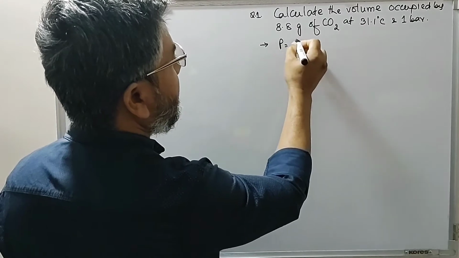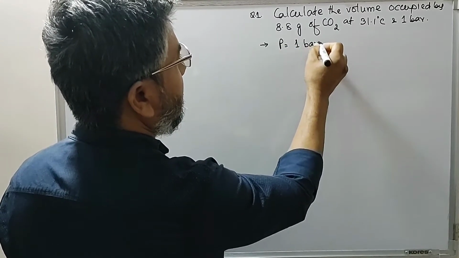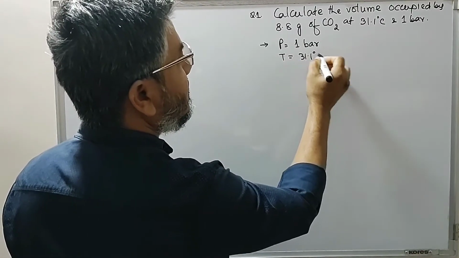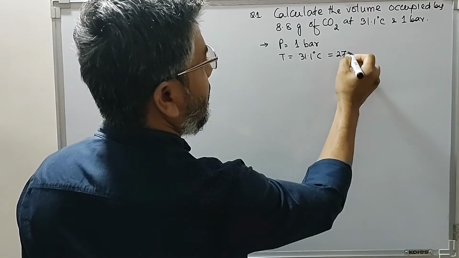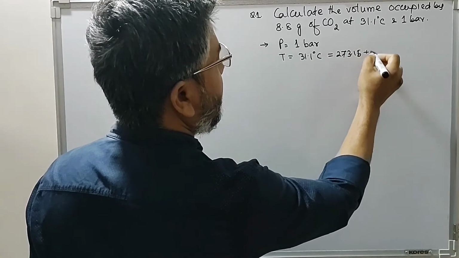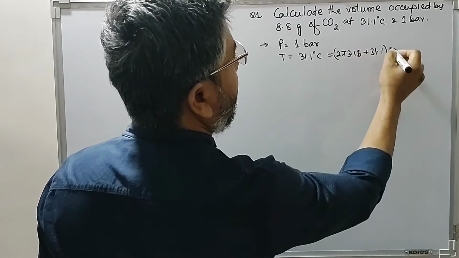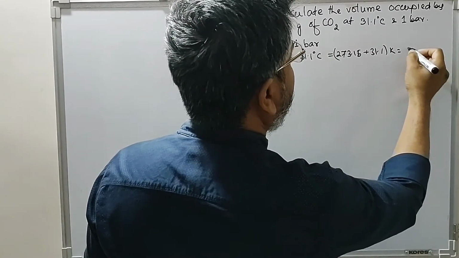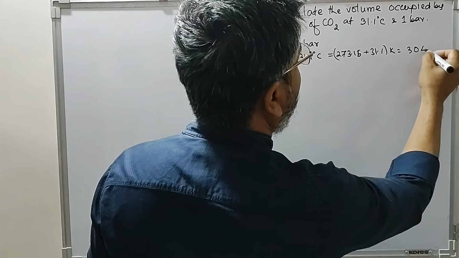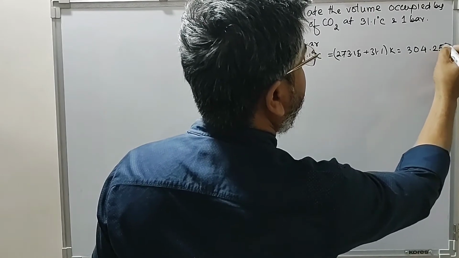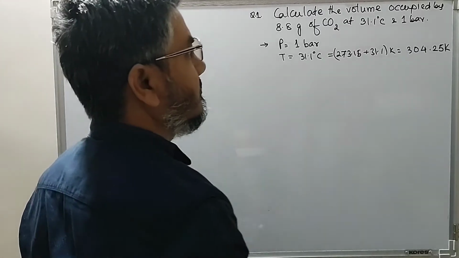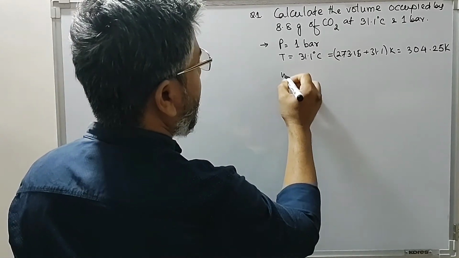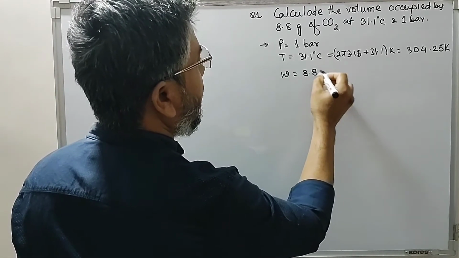We have pressure is given as 1 bar, temperature is given as 31.1 degree centigrade, so this is equals to 273.15 plus 31.1 Kelvin, so this equals to 304.25 K. Mass of gas is given as 8.8 gram.